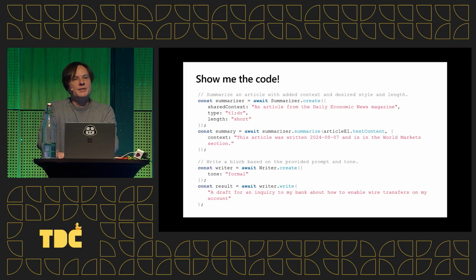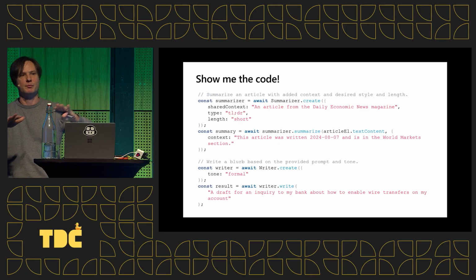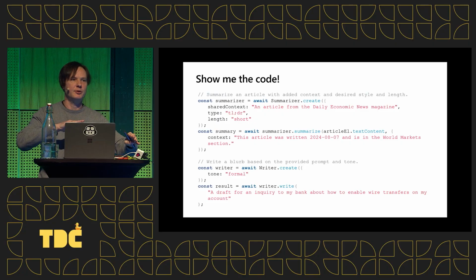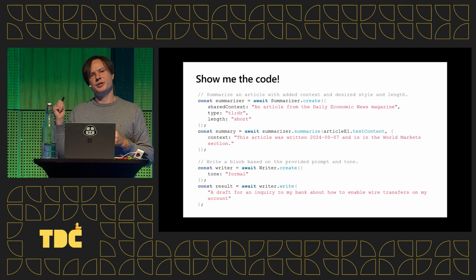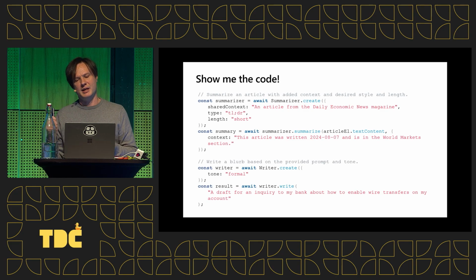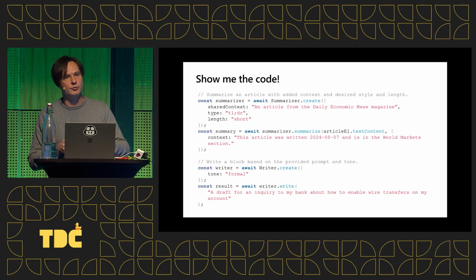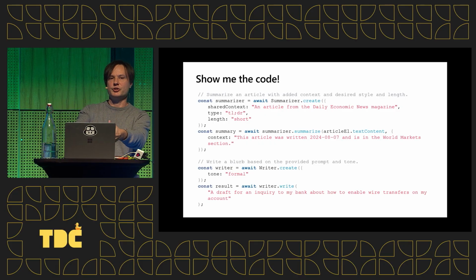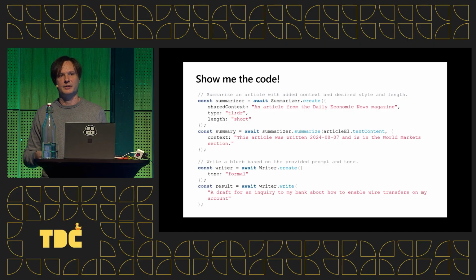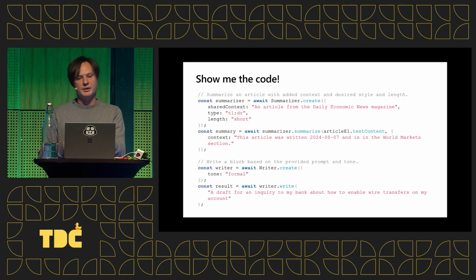I'm not talking about the status of availability of the prompt API and writing assistant APIs, because they differ from browser vendor to browser vendor, from API to API. But last time I checked, the majority of these task-based APIs were part of origin trial. That means that, again, you register your origin in the respective form, put in a meta tag, and it becomes available for all your users.